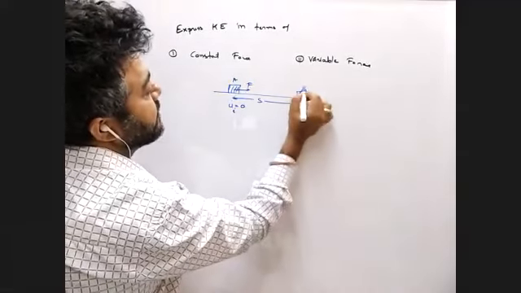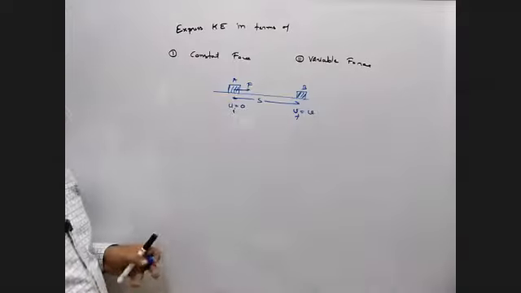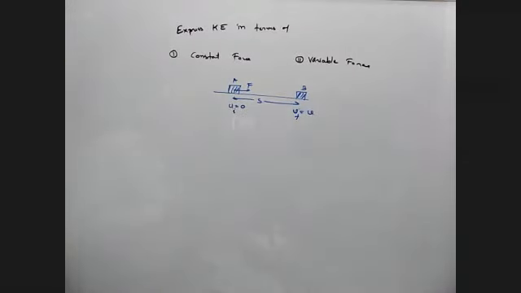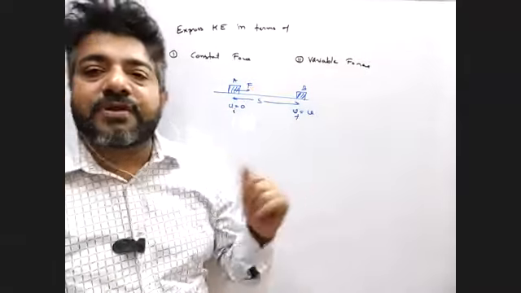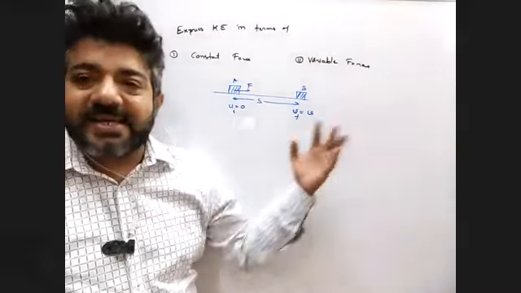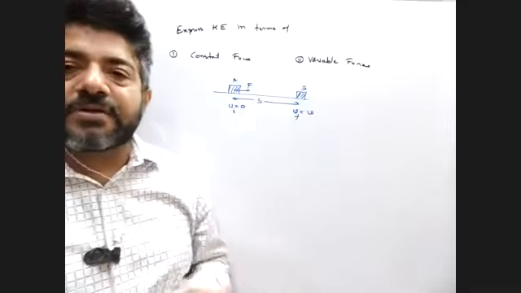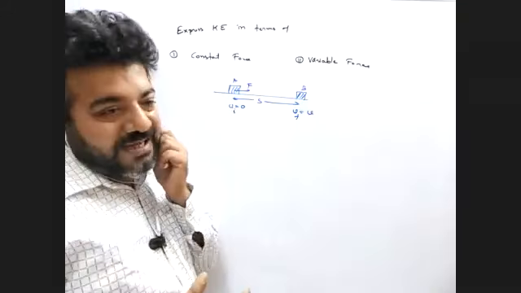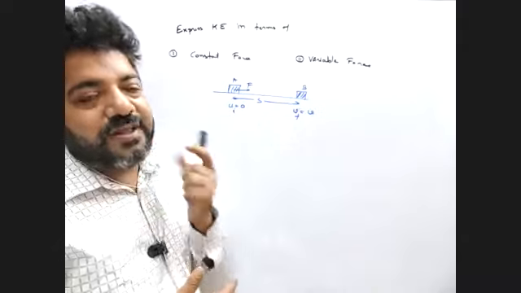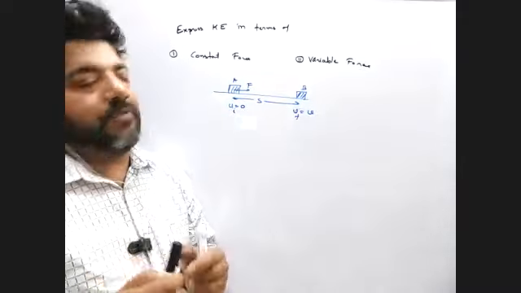Let it be point A, let it be point B. Is it clear, everyone? Yes. So here, for the first case, we treat force as a constant. In the second case, same figure, we treat force as a variable. So let's see, when the force is constant, how we derive it, and when the force is variable, how we derive it.